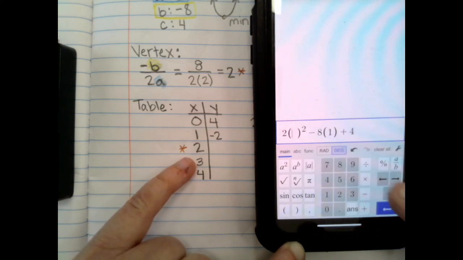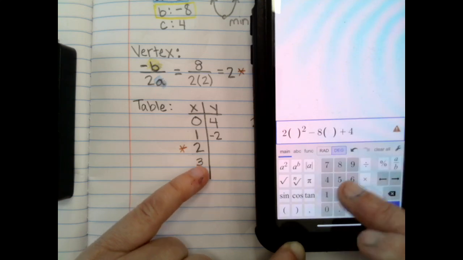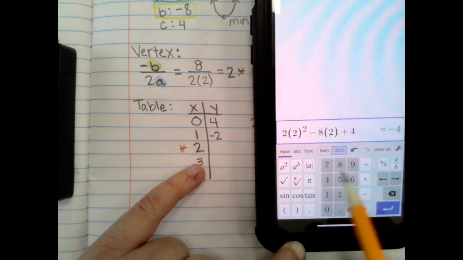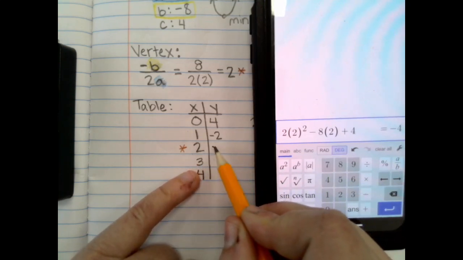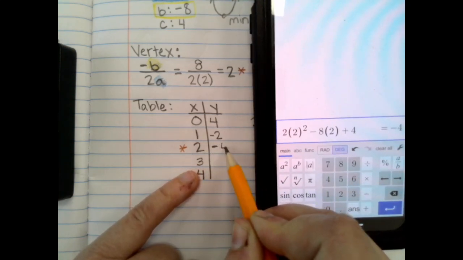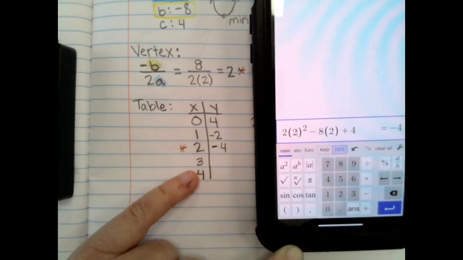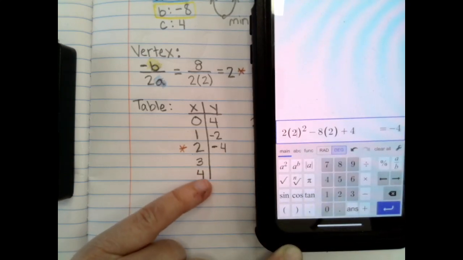Okay, delete those 1s, put in 2s, and we get -4. Now remember, that's our minimum. That's where it hits the bottom. So it goes from 4 down to -2, -4.